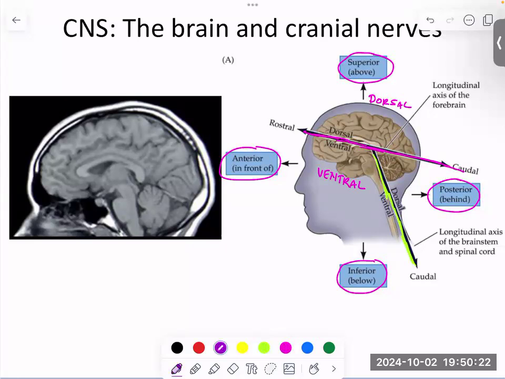Posterior is dorsal. Anterior is ventral. And this is based on how the spinal cord and brain initially begin development. It bends in humans so we can stand upright. It doesn't bend in most animals. So we still use this terminology, dorsal and ventral, for the central nervous system.